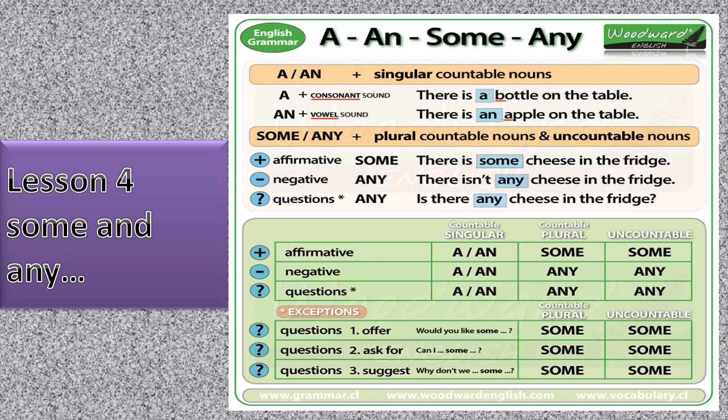There are some exceptions. Question 1, offer. When I want to make an offer to someone, for example, I say, would you like some oranges? Here, we use some with plural countable and uncountable. Would you like some tea?